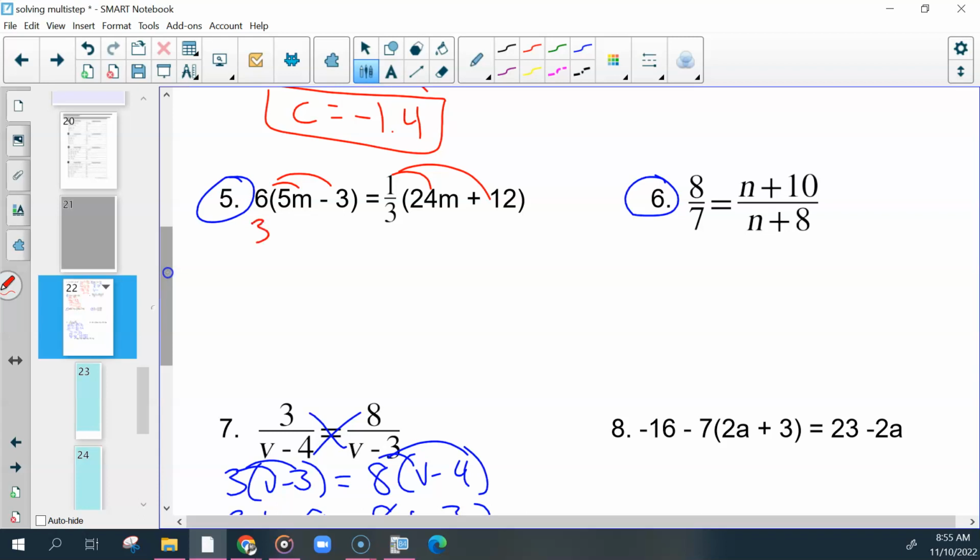So we're going to have 30m minus 18 equals, what would 24 times 1/3 give us? 8. Because we're really just dividing by 3. And then 12 times 1/3. 4.